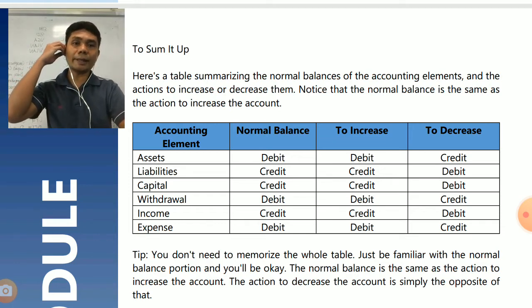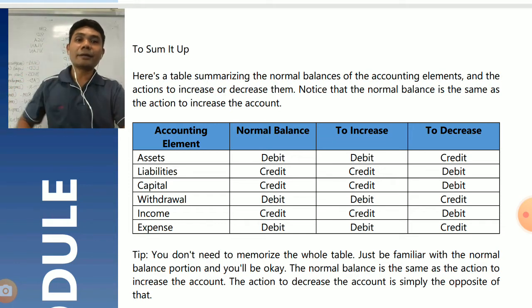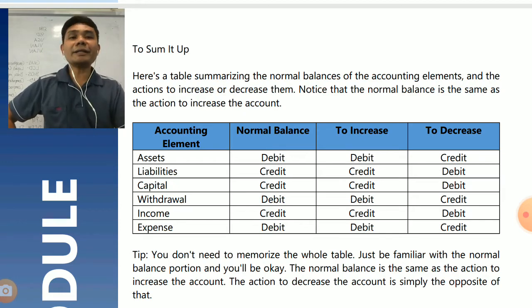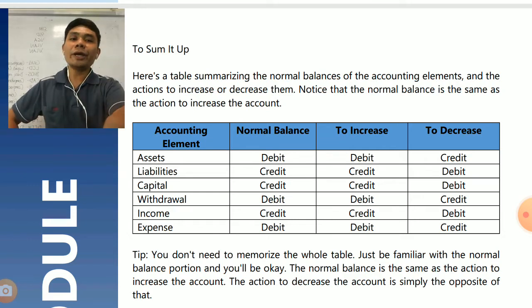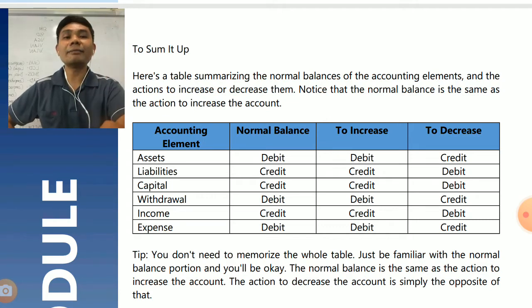Income. The normal balance of income is credit, meaning income increases when you credit it. It decreases if you debit it. So it increases on the credit side. If you record it on the other side, the debit side, that means you are decreasing the income amount.